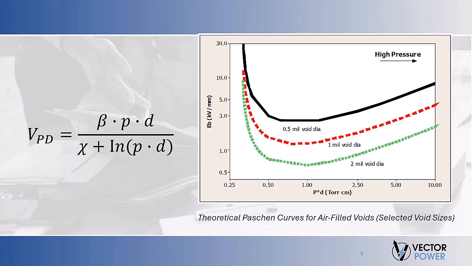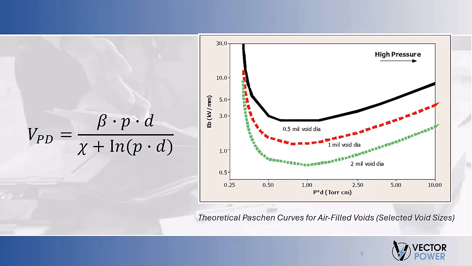The voltage at which the discharge begins is described by Paschen's law, with the key factor being the product of the void size, or diameter, d, and the internal pressure, P. The constants beta and chi are specific to the gas inside the void.